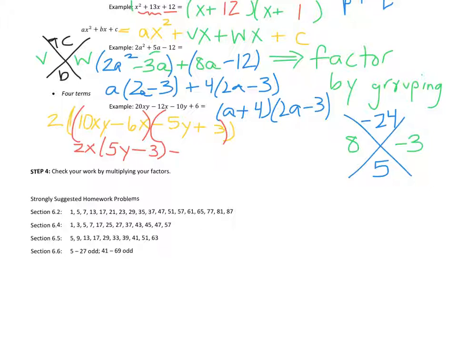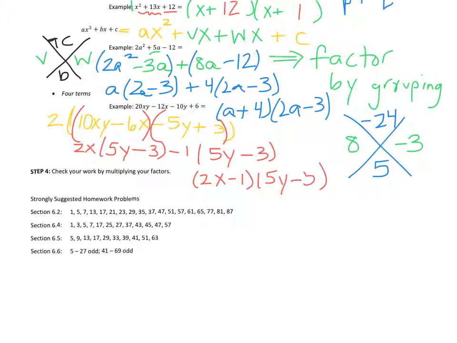So we're going to factor out a negative 1. We want that first term to be positive. All right, and then again, we have the 5y minus 3 as a greatest common factor, so we're going to factor that out. Like that. And we're almost done.